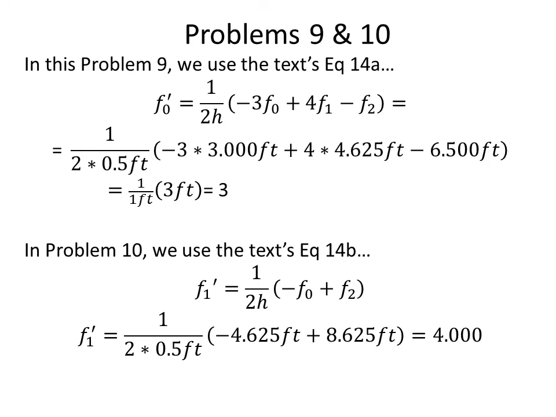And here I said it's 3, but I probably should have said 3.000 and reported 3.000 as my answer, so that I had the same number of digits that I had in the original data set.